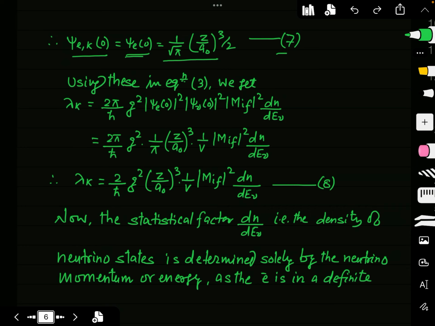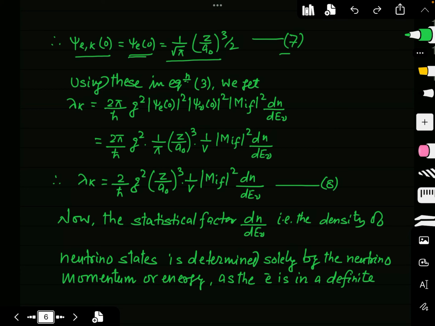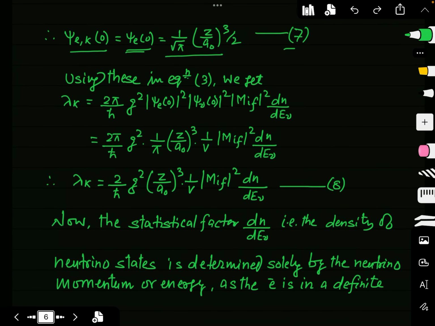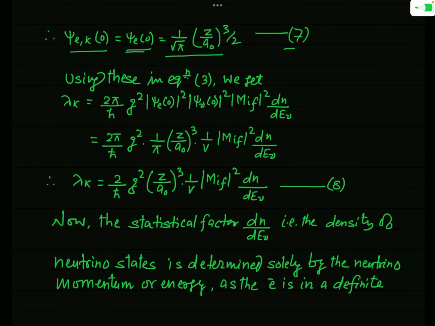You can see here, when we substitute all these values in this equation, the decay constant, I have written here decay constant lambda k because we have considered the wave function psi e for the K capture. So a subscript k has been used here.